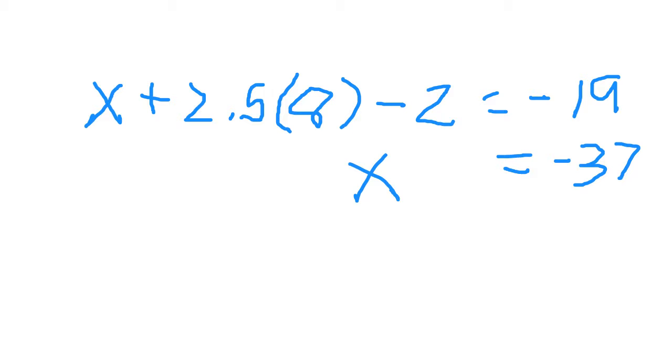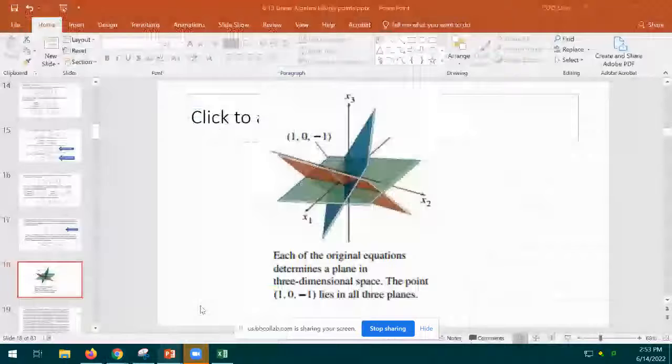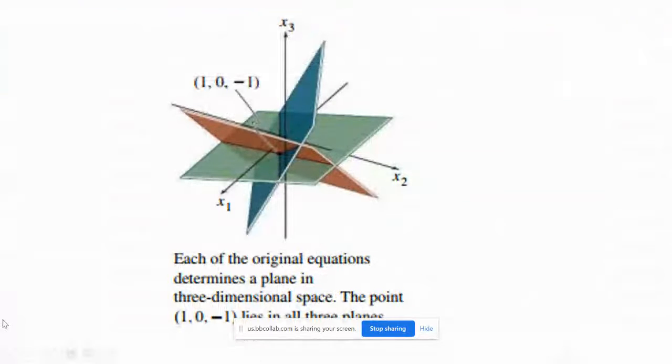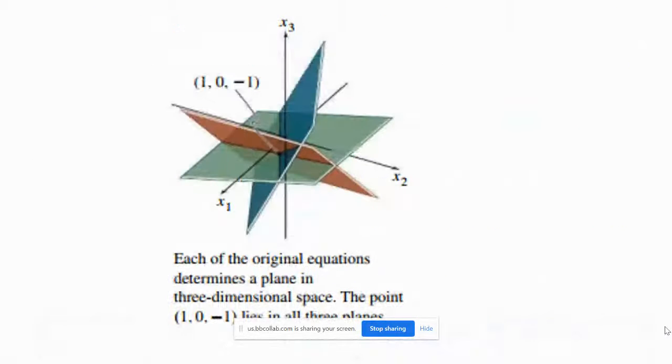Let's go and find out what I'm doing. No, probably not. Okay, so we have to share application screen. And when we do application screen, we go to here. And I think this might have been the last slide that I showed you. This was a solution to this problem. So that's where we're going to start in just a moment, okay?